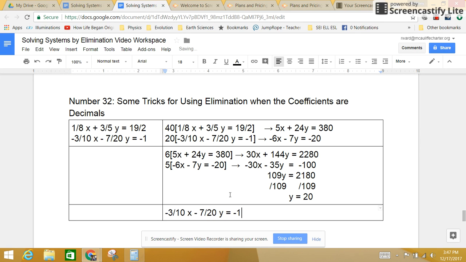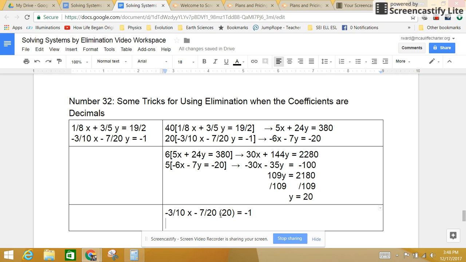I'm copying this over, and because I have the option to use substitution or do elimination again, I'm going to do this. Replace y with 20 since y equals 20. All right, so that becomes, let's actually simplify it.